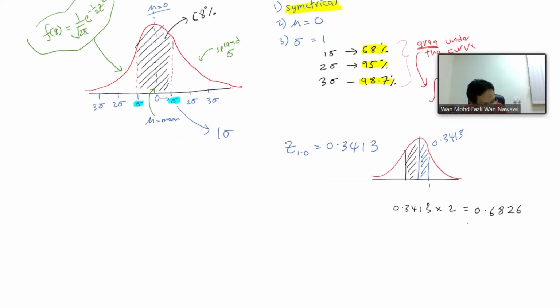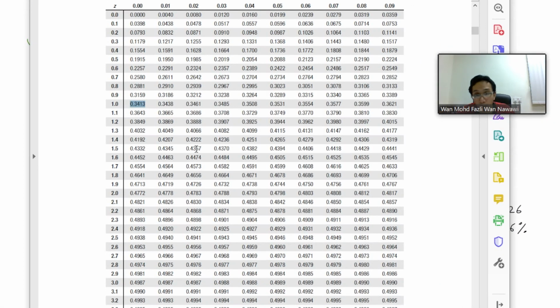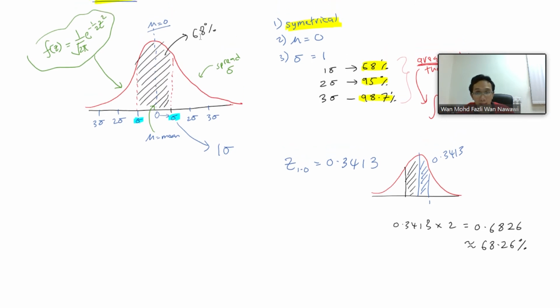If you convert into percentage, you get 68.26%. Why are there 2, 6 and so on? Because remember, this is integration. This number in the table is not exactly 4 digits, 0.3413 is just an approximation, actually it is longer. So this area is more or less 68%.